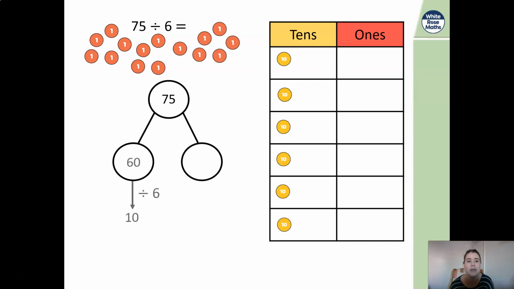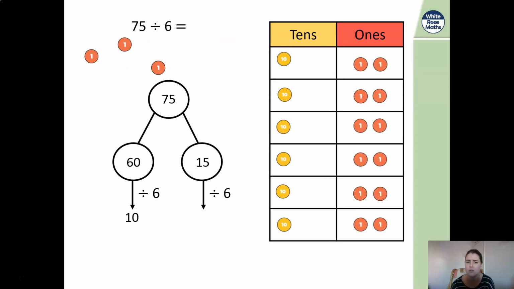Let's think of the biggest multiple of 6 we can think of. That's going to be 60, because we know that 60 divided by 6 gives us 10. To get from 60 to 75, we have a remainder of 15. If we did 15 divided by 6, we can't do it equally, so let's move these over. If I move my ones over, I can fit 2 in each of my rows. At the moment I have 12, but I have these additional 3 left over.